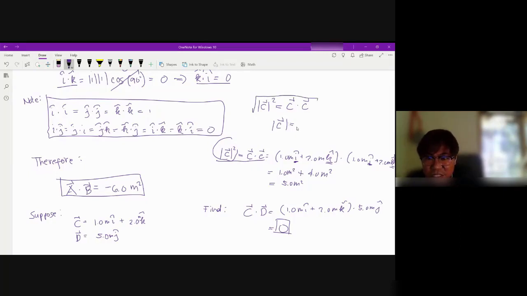So the magnitude of C is just equal to the square root of the scalar product of itself.